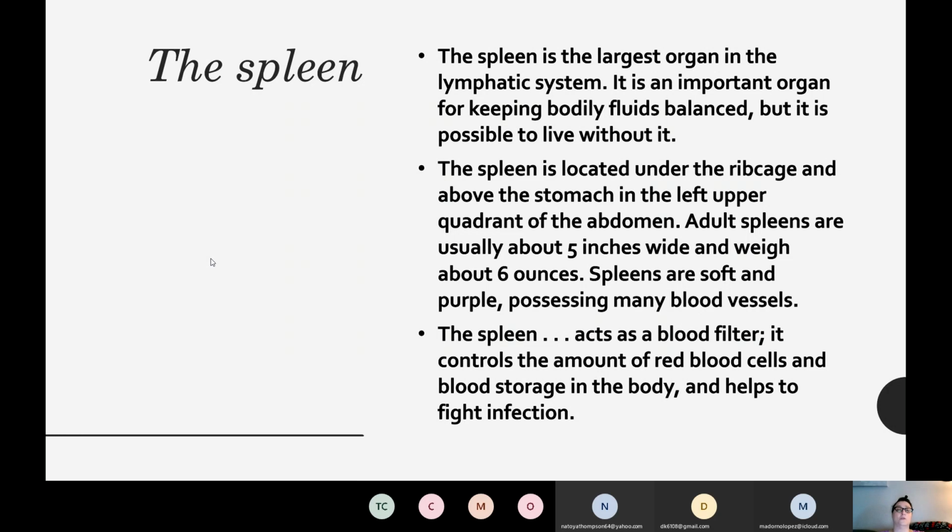Then it stores anything that needs to be processed for waste, for elimination. It holds about a cup or so of blood, and that blood and those cells can, in states of dire emergency, be called back into use. And I told you that if it's injured, it's a very quick way to bleed to death because it is so vascular.